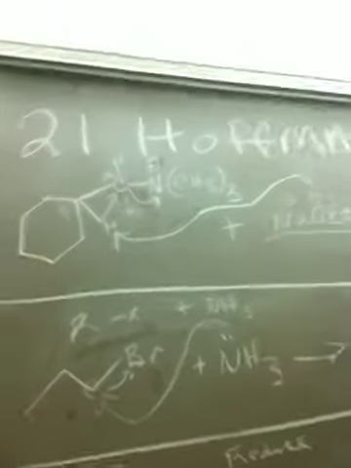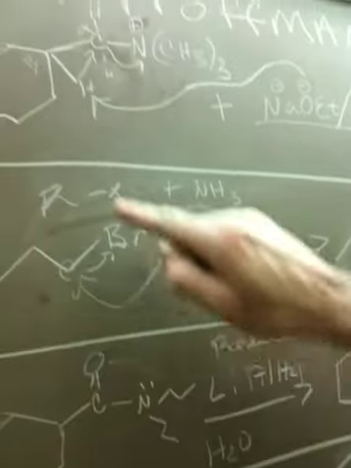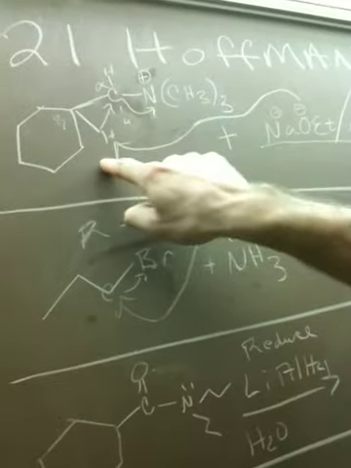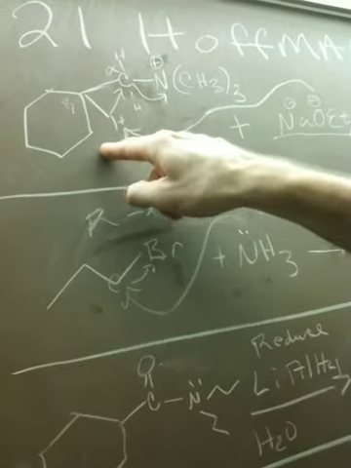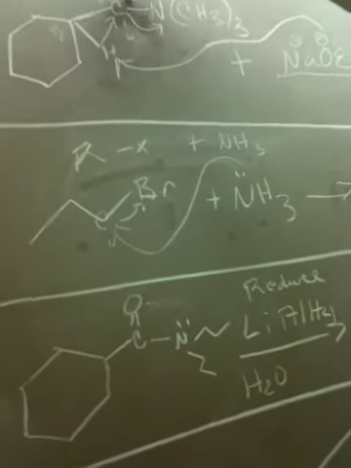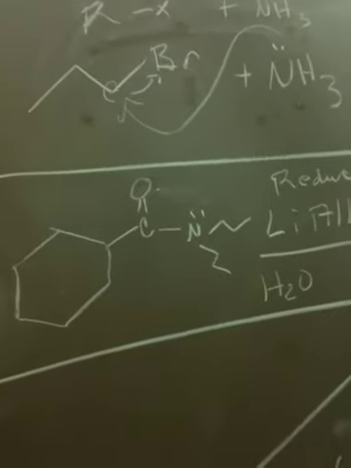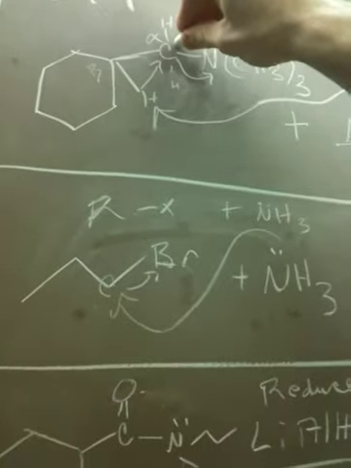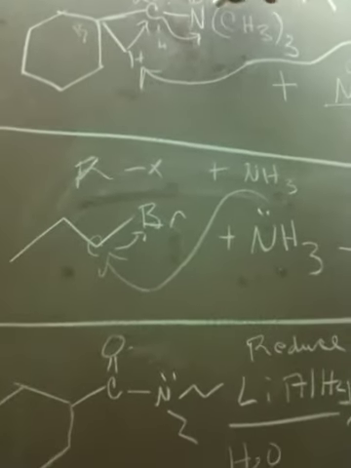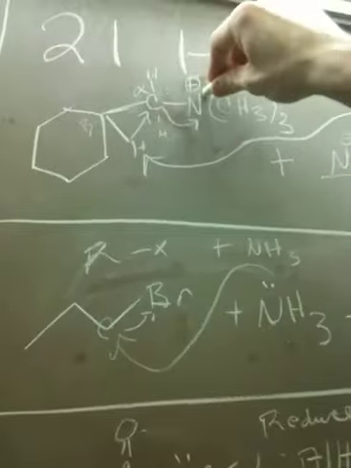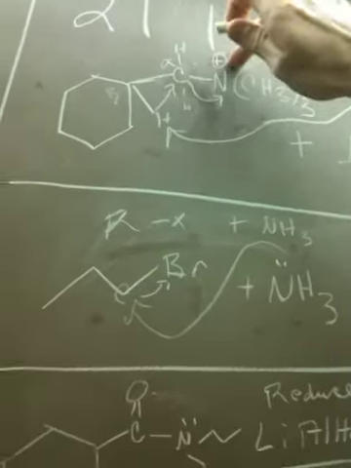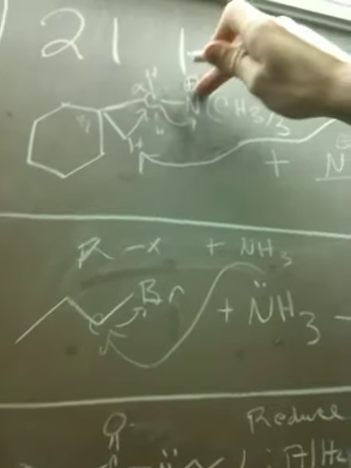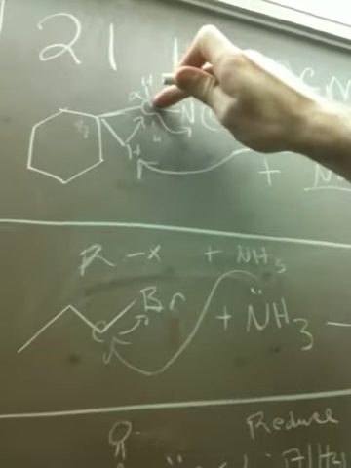All right, the Hofmann. This is a beta elimination. This is the alpha carbon here, kind of like before, like the alpha carbon is attached to the double bond to O. This is like an N. Actually, it's not like an N, it's actually an N, but what I'm saying is that this N is like a double bond to O. So this is the alpha carbon.